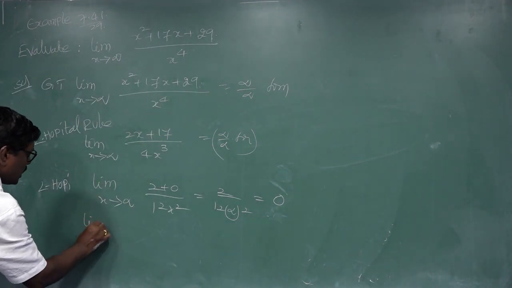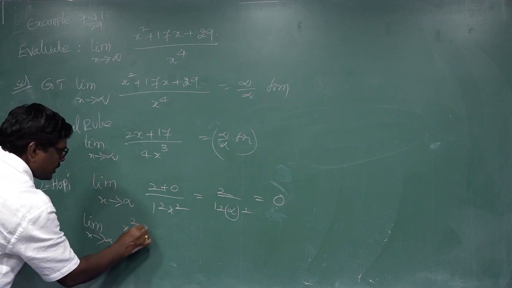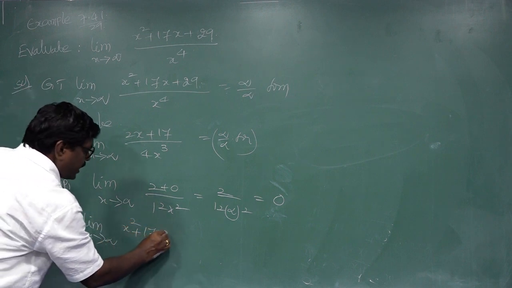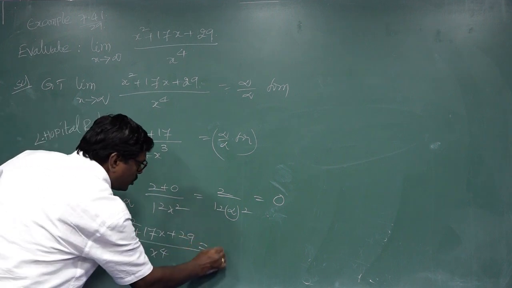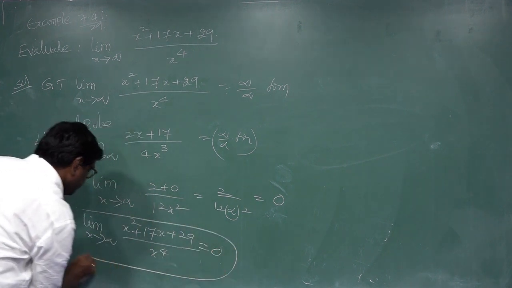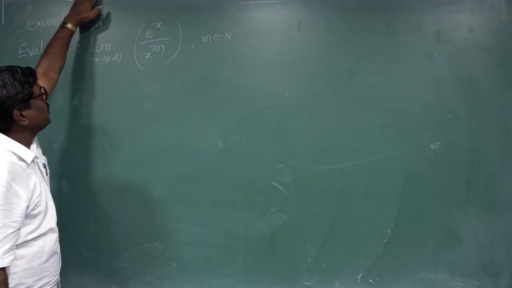Therefore the limit as x tends to infinity of x square plus 17x plus 29 by x to the power 4 equals 0. Example 7.41, page number 21.